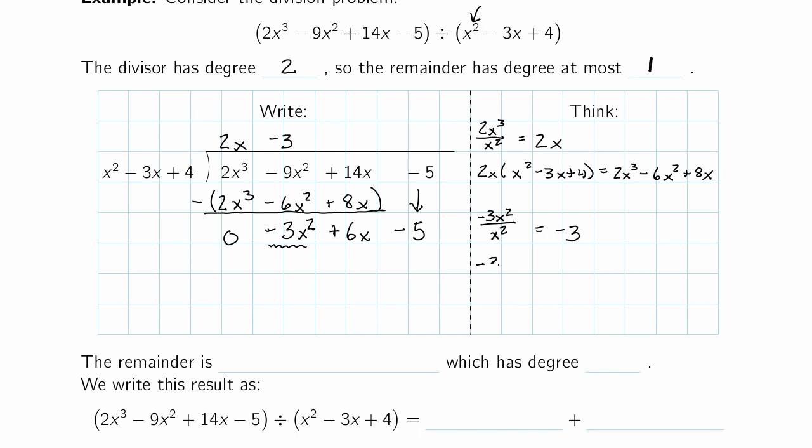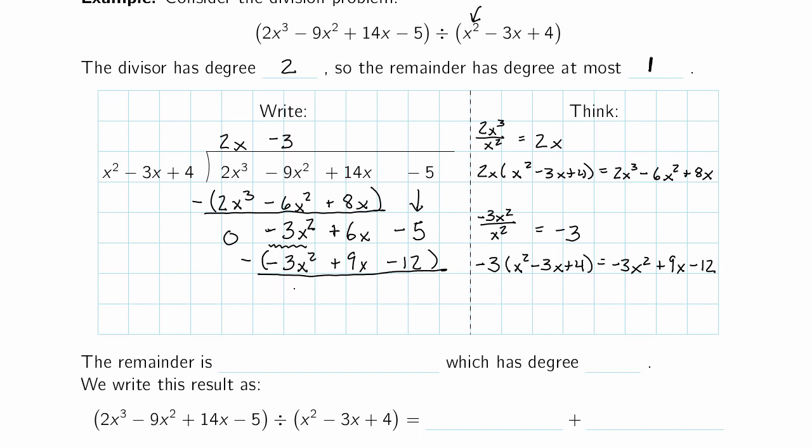Multiply. Negative 3 times x squared minus 3x plus 4 is negative 3x squared plus 9x minus 12. Write that underneath and subtract.